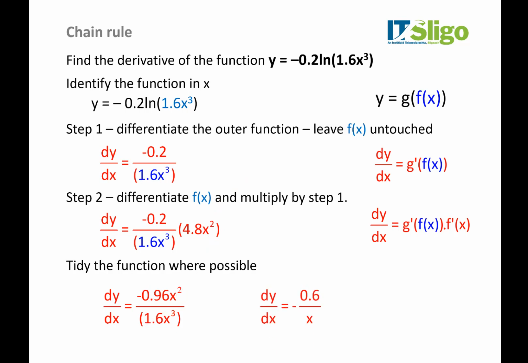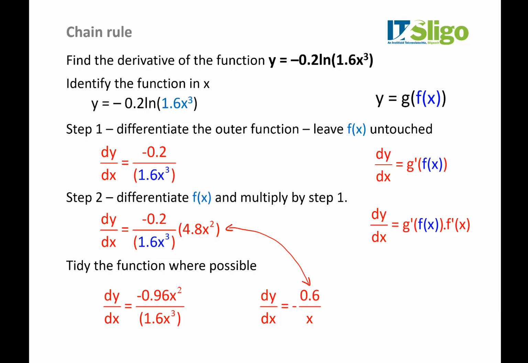So you can see the derivative ends up looking actually quite neat compared to this answer here. But it's important to realize they're both the same. They're equivalent functions. So don't let it put you off, guys. It is quite complex, the chain rule, but once you understand the process, it's fairly straightforward.